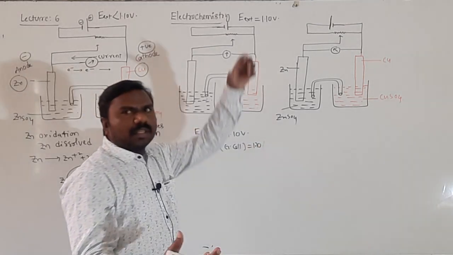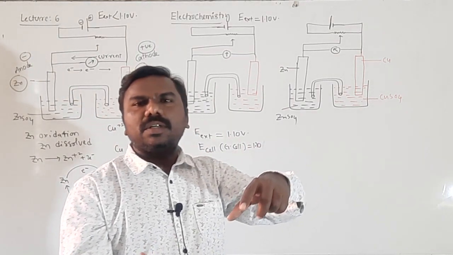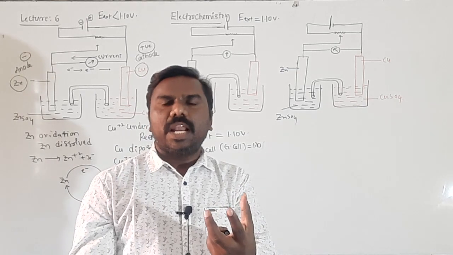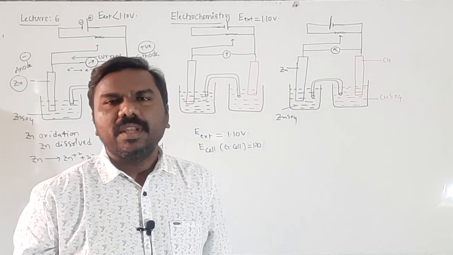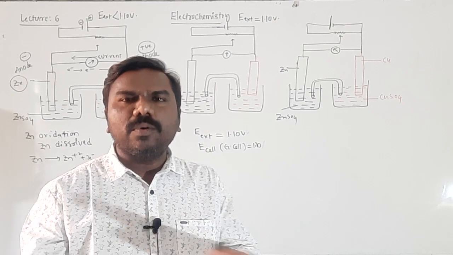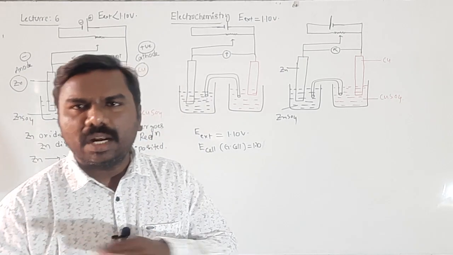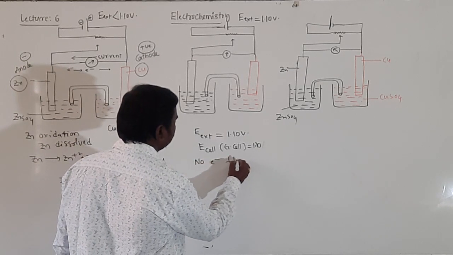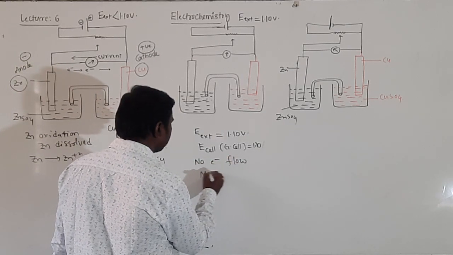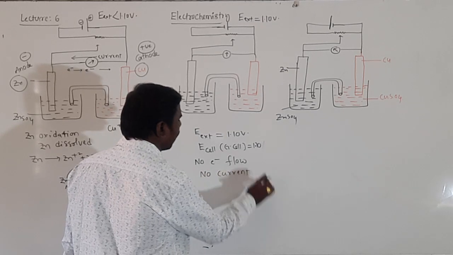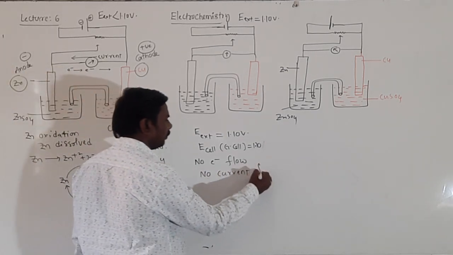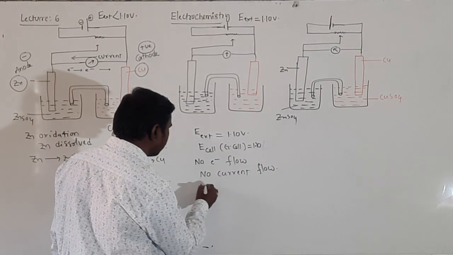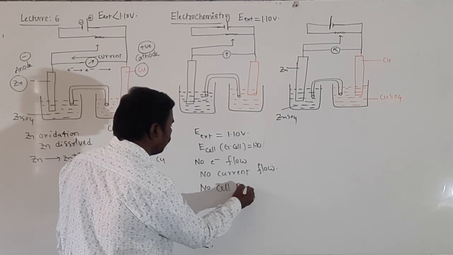The E cell of the galvanic cell is 1.10 volts. The opposing external potential and the produced electrode potential are both the same. In such a case, no current flows, no cell reaction, no electrons can flow, no current from anode to cathode or cathode to anode.